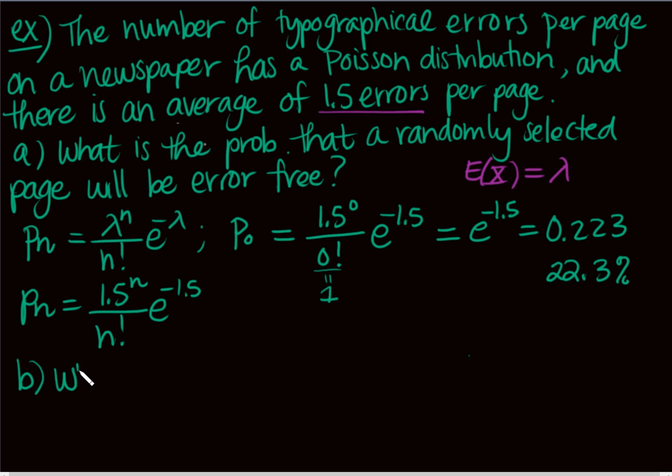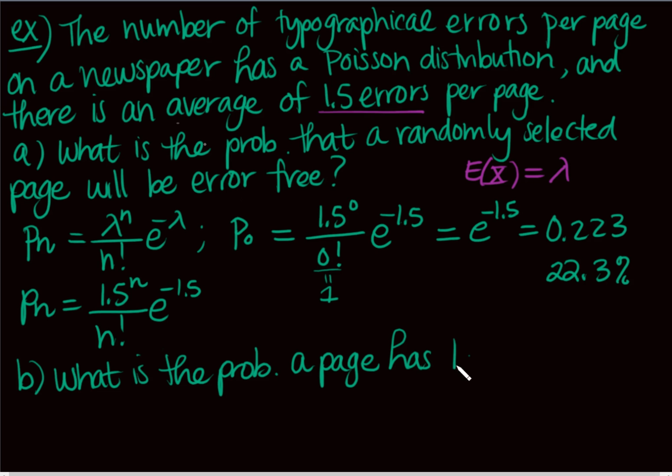All right, let's do part B. What is the probability a page selected at random has 1, 2, or 3 errors? Basically I want to take the probability I have 1 error plus the probability there are 2 errors plus the probability that there are 3 errors.